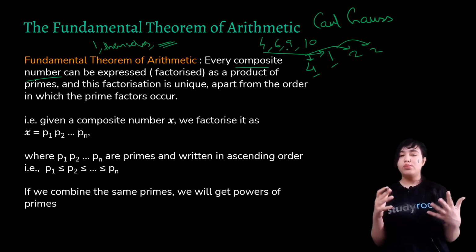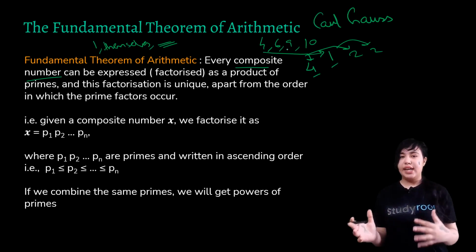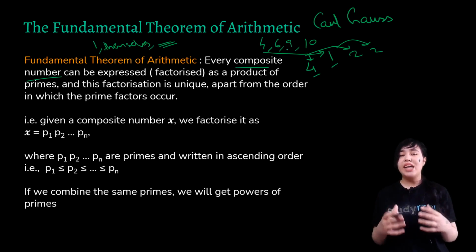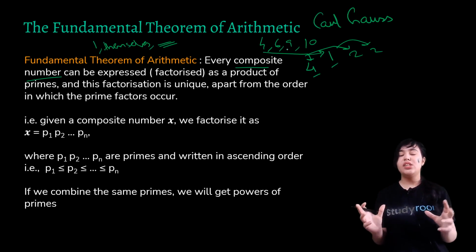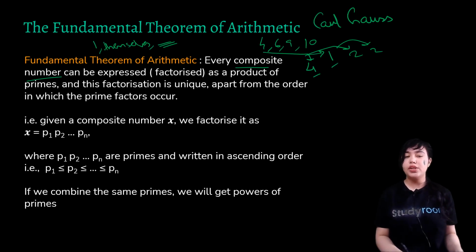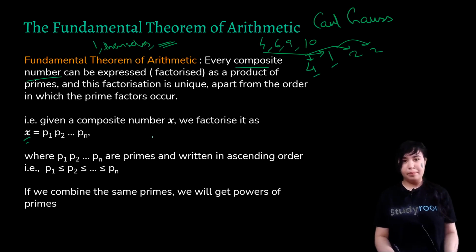For such composite numbers, Carl Gauss said that we can write them as a product of prime numbers. But this product will be written in a very unique fashion. Unique how? We'll just see. Unique in the sense it has to be in ascending order. Let me take a generalized case. Let's say x is some composite number. According to this theorem, I can write it as a product of prime numbers, say P1, P2, P3 going on till Pn.